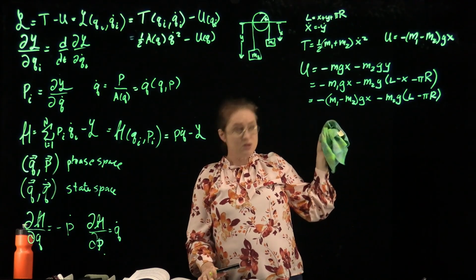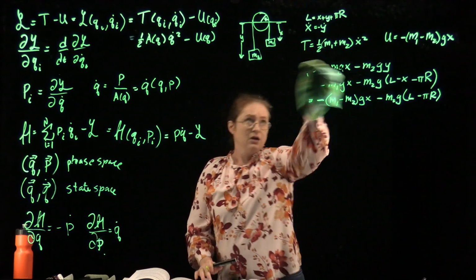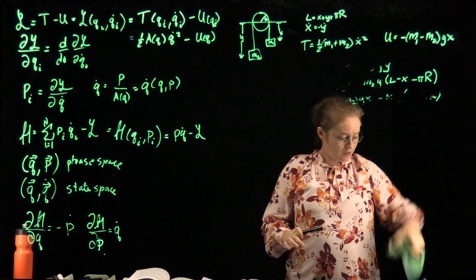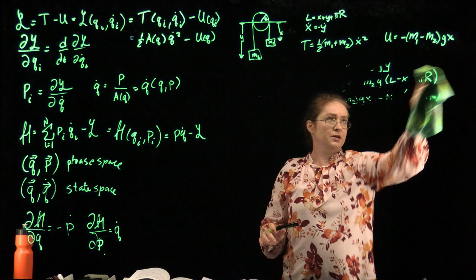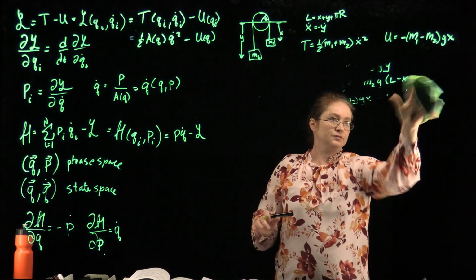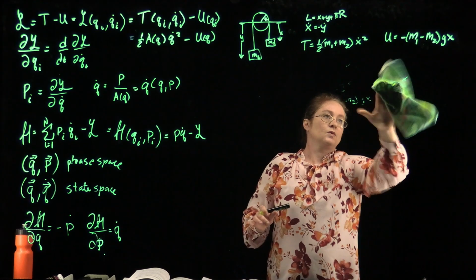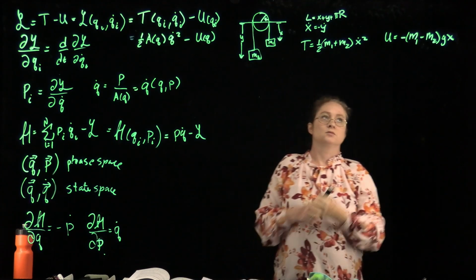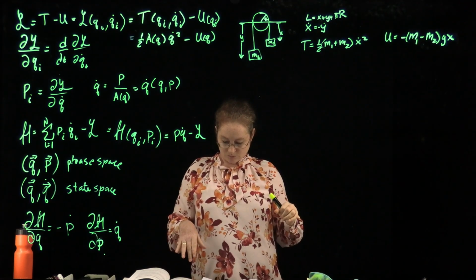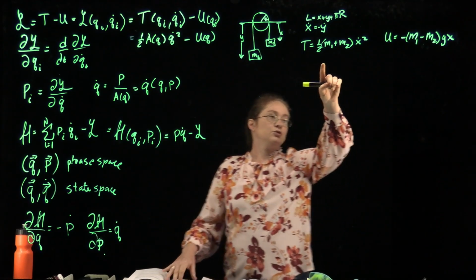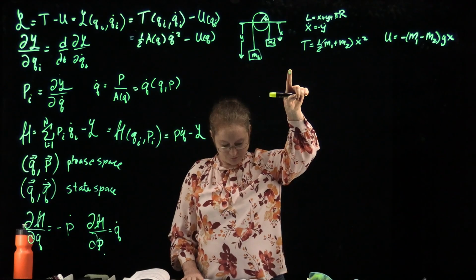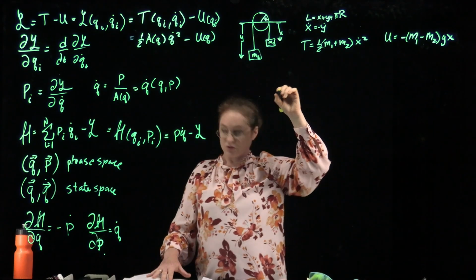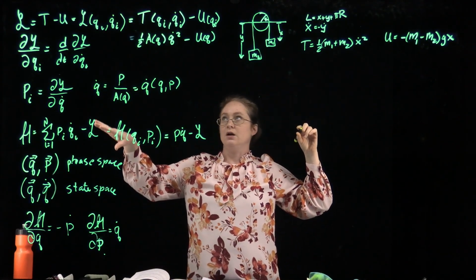All right, so this gives us the components of our Hamiltonian, and then we want to use this to be able to get all of our equations. So we're going to start here.